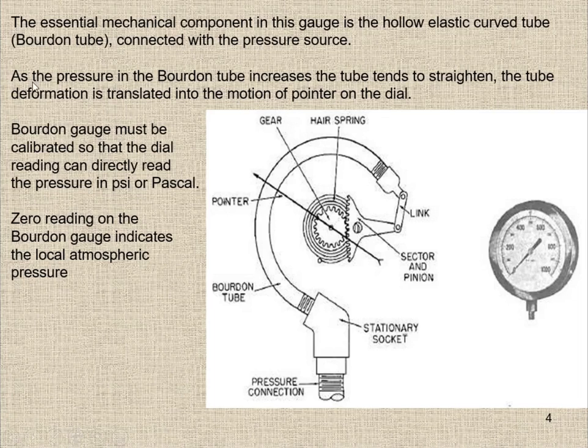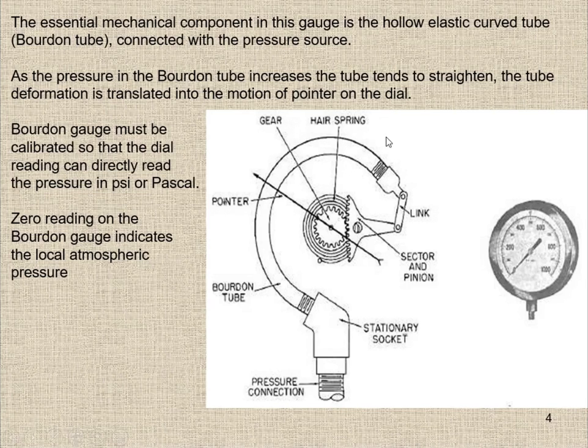As the pressure in the Bourdon tube increases, the tube tends to straighten. The tube deformation is translated into the motion of a pointer on the dial. Whenever this hollow tube is pressurized, the fluid enters from the source and comes into the C tube. This tube will try to straighten and it will move up.